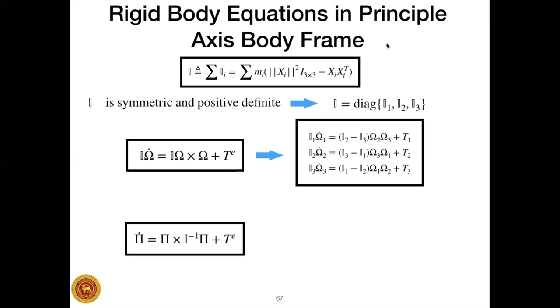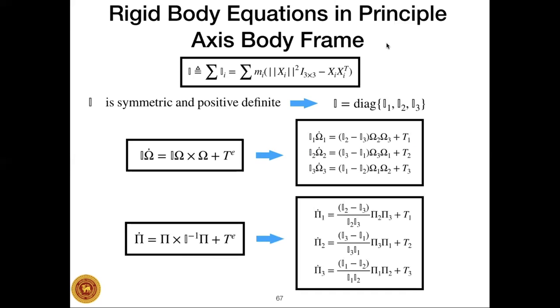And then the body angular momentum version also reduces to this. So Euler's rigid body equations, if you fix a frame at the center of mass and align the axes along the principal axes of moment, or in other words, eigenvectors of the inertia tensor, then this matrix expression reduces into these three equations over here.